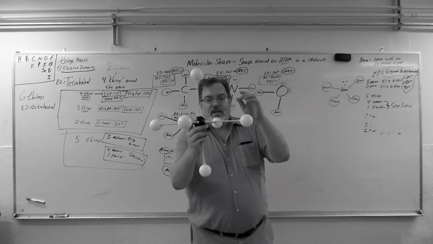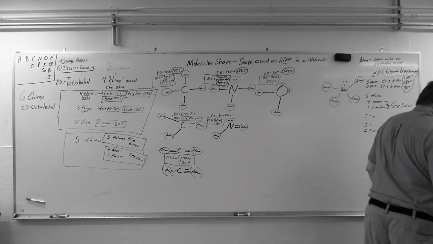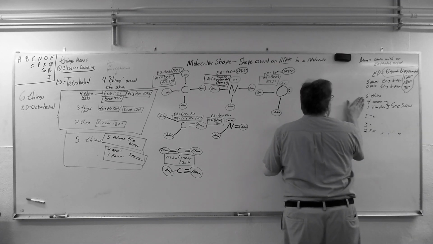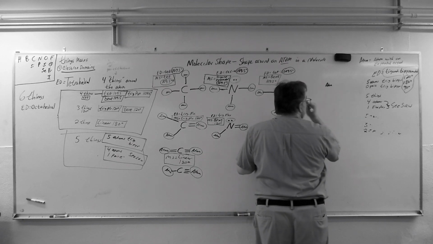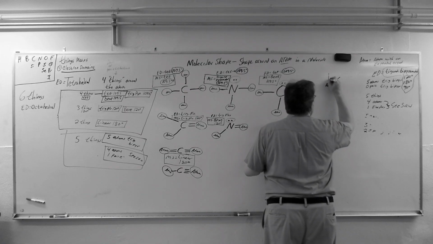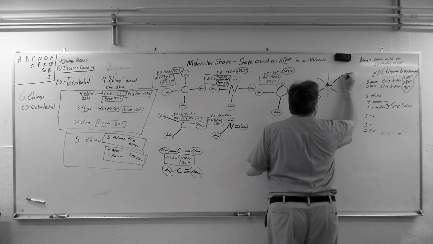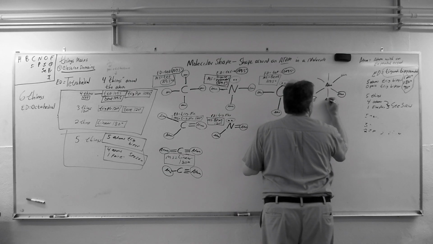So here's the octahedral shape. If you have drawn on a flat piece of paper a central atom as a Lewis structure, you would just see a central atom and then 6 atoms coming out of it.